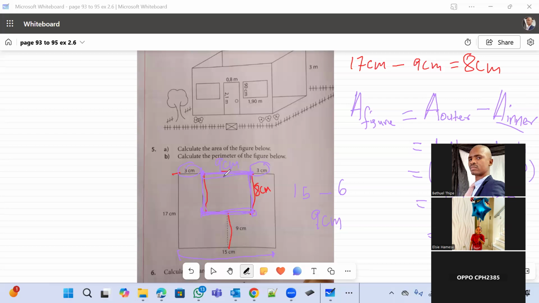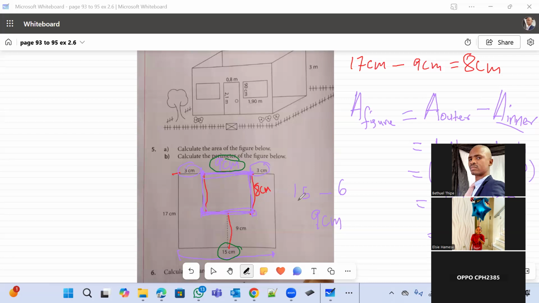The breadth is 15. So on top they should have given us 9 centimeters. They didn't give us, so we had to find out what was missing.